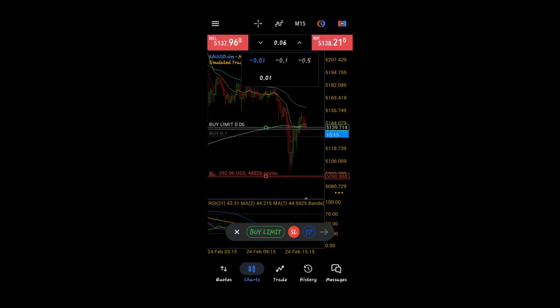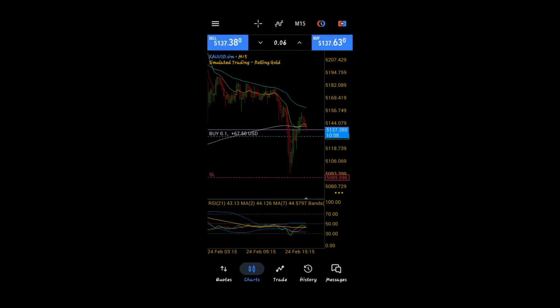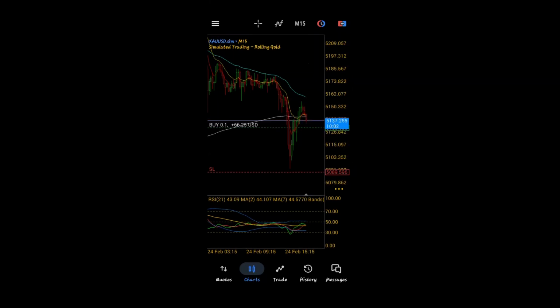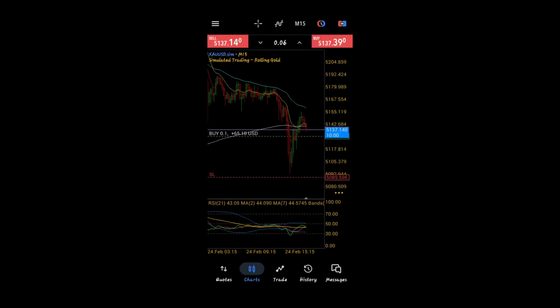You will come in there and hit this clock and figure that out, and then when I'm ready, I just tap my screen, get rid of everything, and actually hit the buy button, which is the market execution. I would just hit buy. I already know my lot size, and once I enter in, I would just adjust my stop loss down to where I put it at.